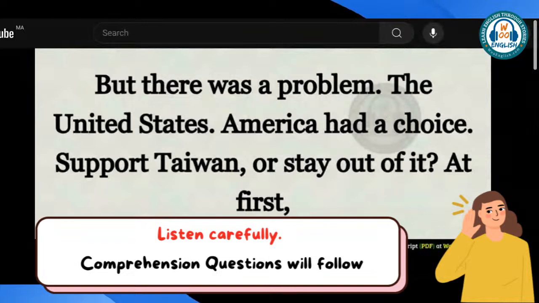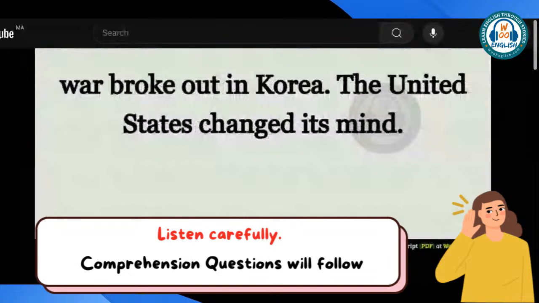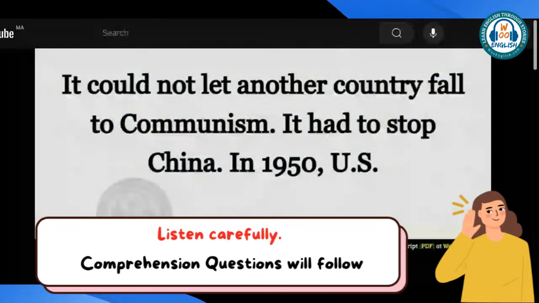America had a choice: support Taiwan or stay out of it. At first, they hesitated. Taiwan was small, the Cold War was just beginning. The US had its own problems. Then, war broke out in Korea. The United States changed its mind. It could not let another country fall to communism. It had to stop China.